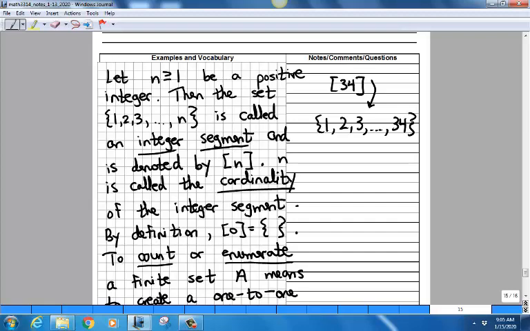But if you set up a one-to-one correspondence between your set and all the positive integers, then your set is infinite, of course, but it's discrete, not finite. Well, we're mostly going to be concerned, as we mentioned last time, with finite sets.